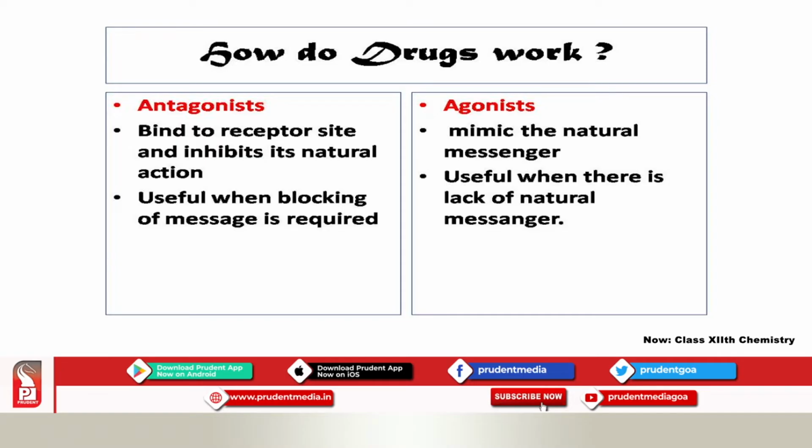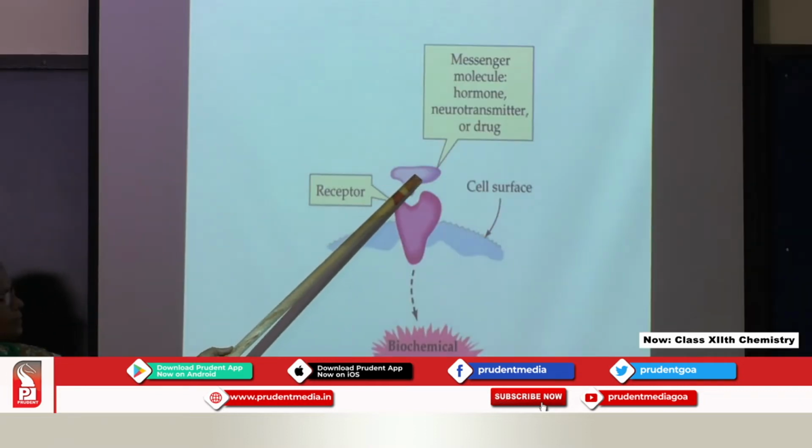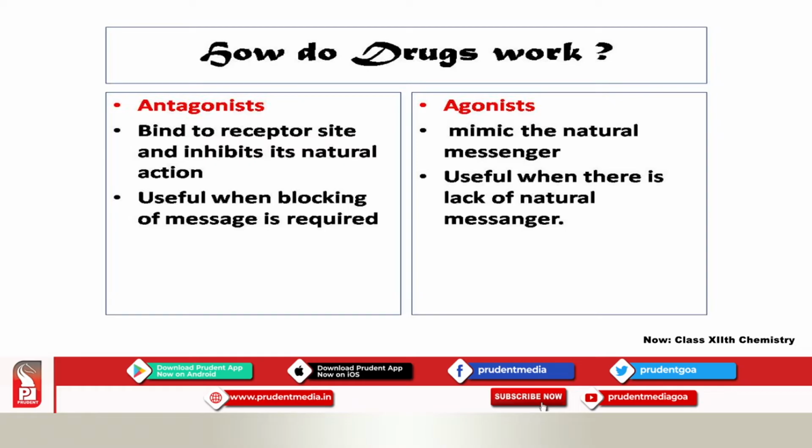Antagonists bind to the receptor site and inhibit its natural action, whereas agonists mimic the natural messenger. As you saw in the earlier slide, here the drug is mimicking. Instead of the chemical messenger, the drug has come, that is called mimic. It mimics the natural messenger, or it can directly bind to the receptor site.